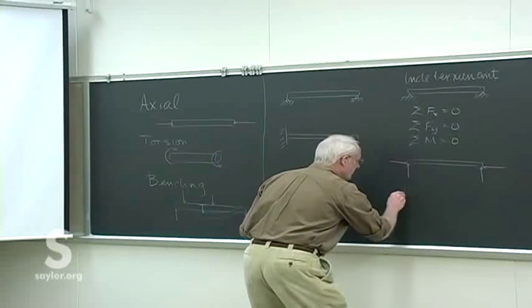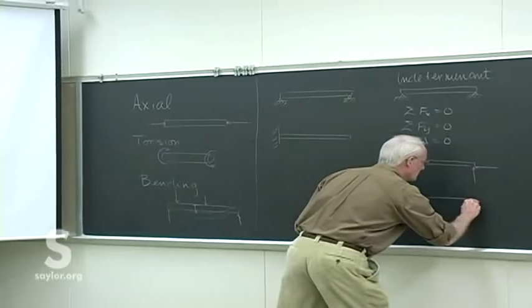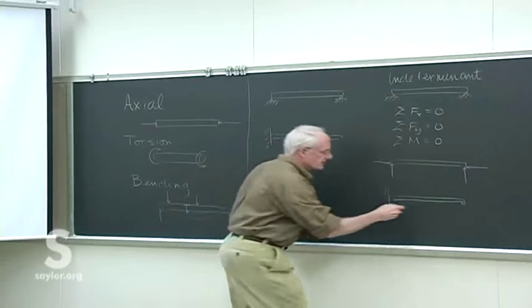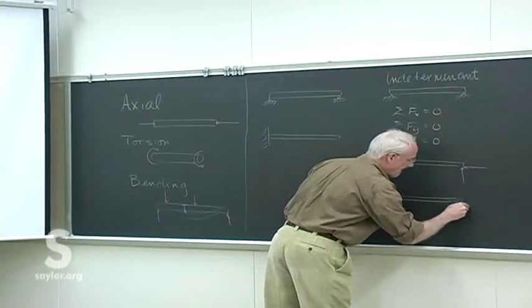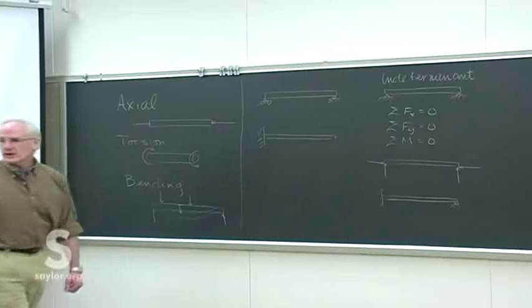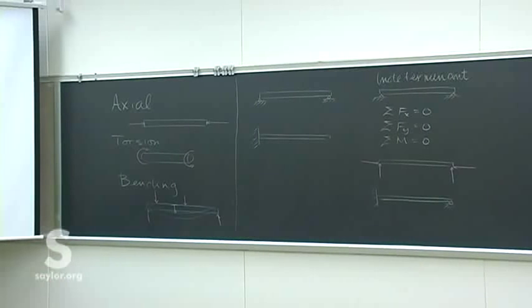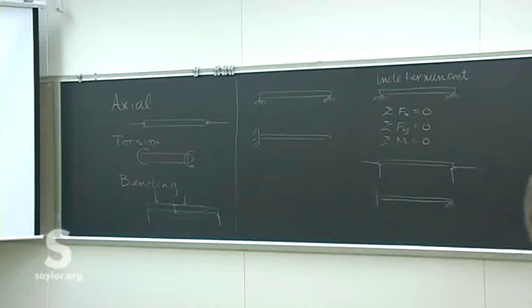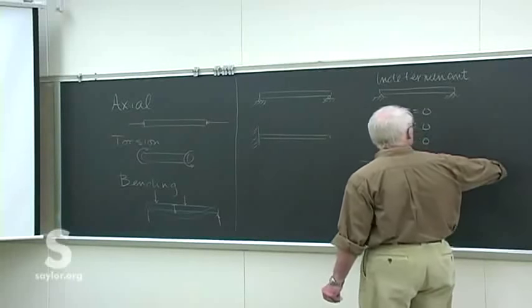However, if it was that kind of support, then that we couldn't solve. But now we're going to be able to, as we add in the actual deformation of the pieces, just like we did with axial loading and torsional loading.